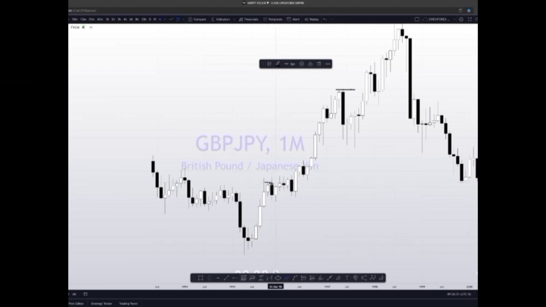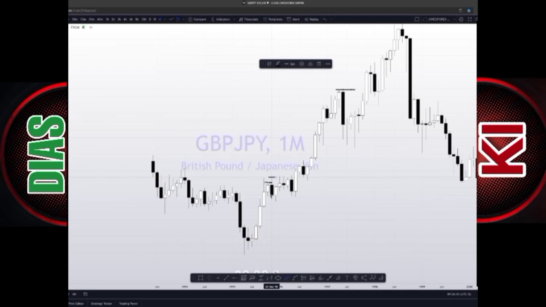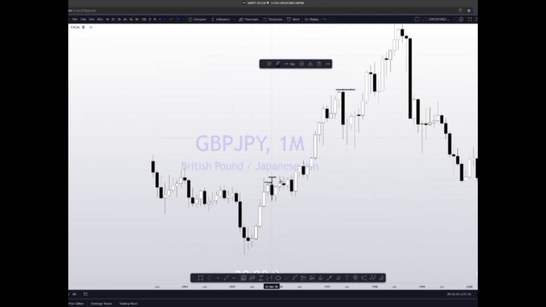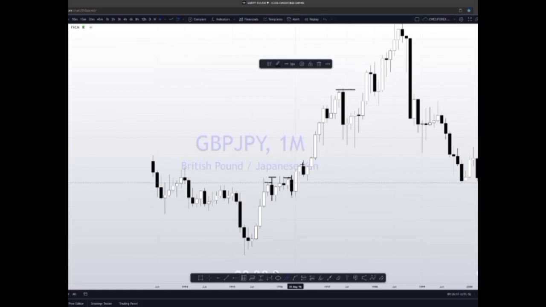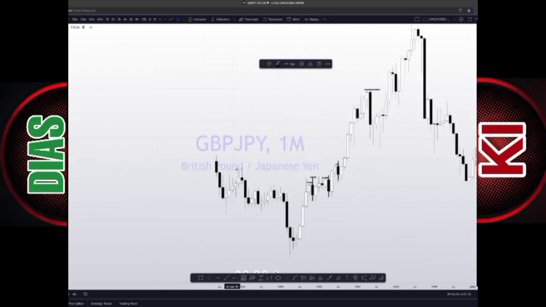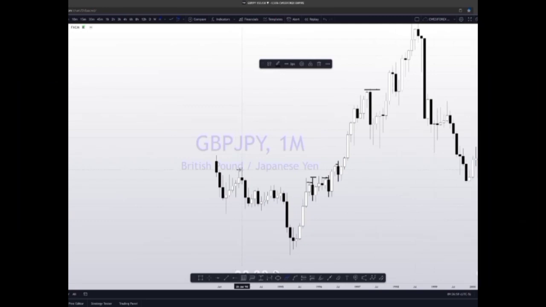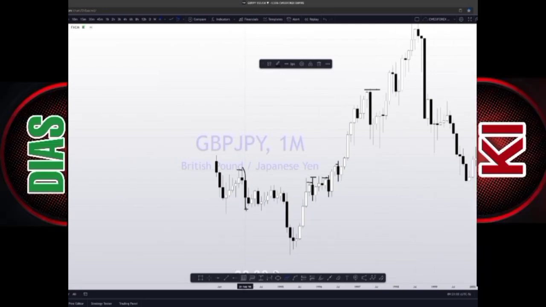You can see this bearish candle took out liquidity and dropped. Over here too, same thing. Price took out and dropped. Same thing over here. Price took out and dropped. You get it? Over here too, price took this monthly high and started dropping all the way to the downside. Over here too, you can see the same thing.